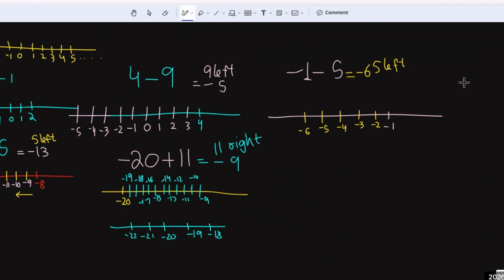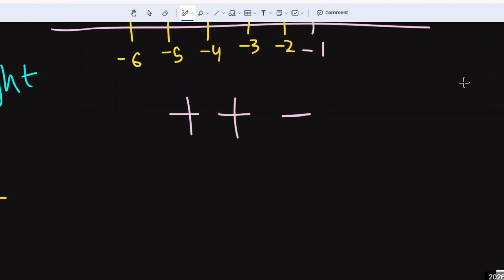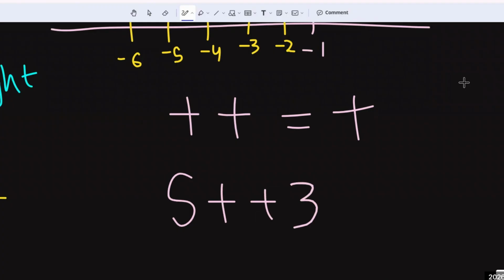One more thing you need to understand is that whenever you are adding or subtracting and you see the same sign, like plus plus, it means plus. Let's suppose I'm saying 5 plus 3. Whenever you have two signs together and both are plus, 5 plus 3 equals 8.